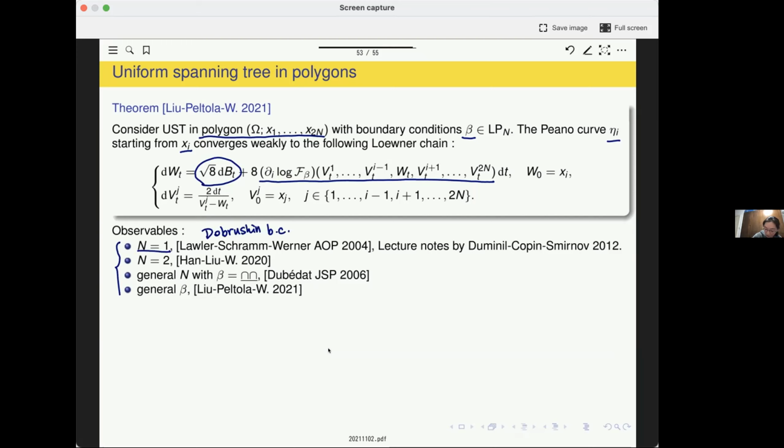Later in the lecture notes by Bernardi, Chelkak, and Smirnov, they construct a different but related observable. And both observables give the same answer. In joint work with my postdoc and my students, Yong Han and Mingchang Liu, we generalize this observable to n equals 2. So here is the topological rectangle case.